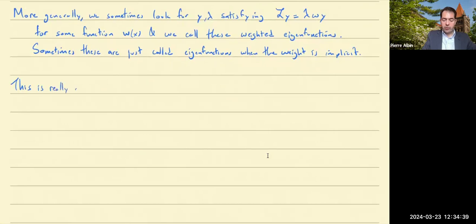Okay, this is really only interesting when we also impose homogeneous two-point boundary conditions.